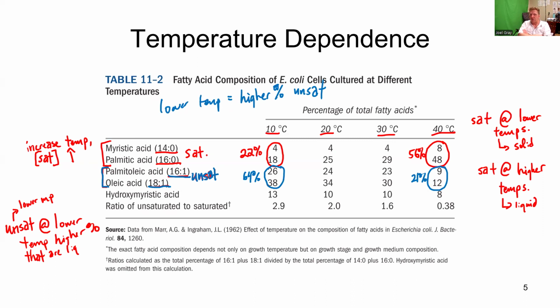At higher temps, do you still have some unsaturated fatty acids? Yes, you do. But you see a shift from a high percentage of unsaturated fatty acids and a low percentage of saturated fatty acids to a high percentage of saturated fatty acids and a low percentage of unsaturated fatty acids.